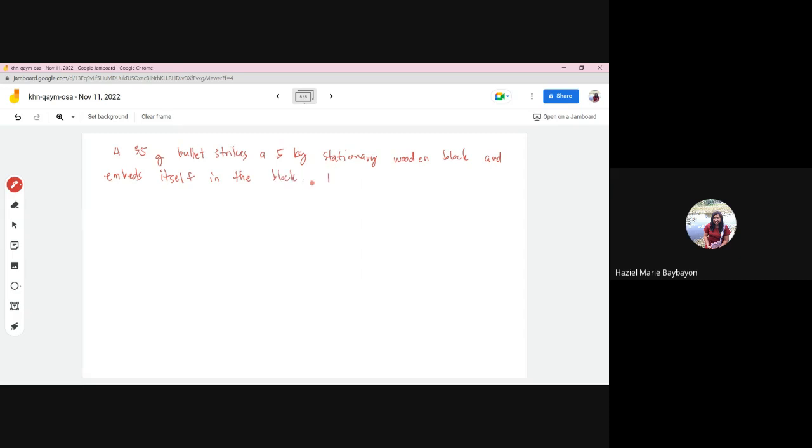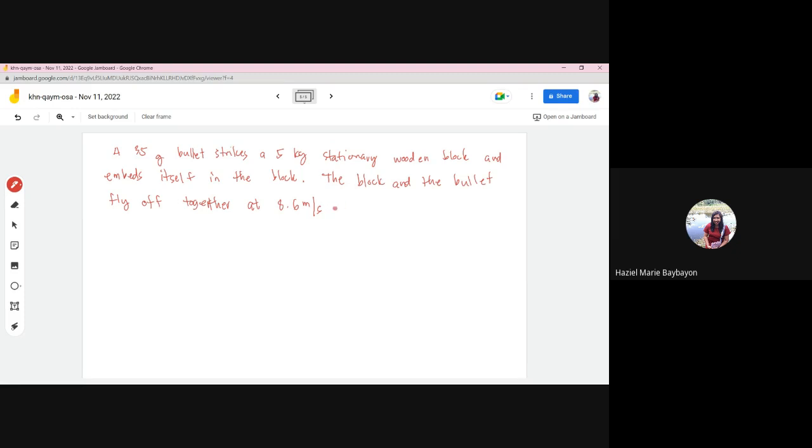The block and the bullet, imagine, class, fly off together. So this is a perfectly inelastic collision wherein after the collision, they stick together. And since they're sticking together, the two objects have the same final velocity. So in this case, the bullet and the block have a velocity equal to 8.6 meters per second.